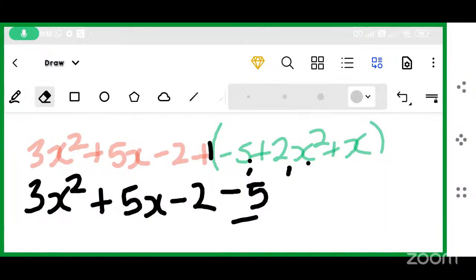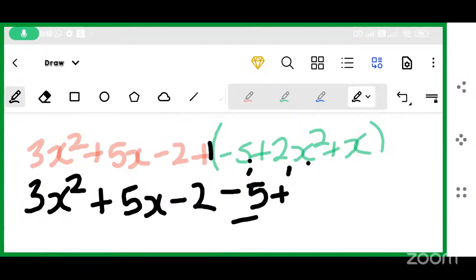And then we have, what is 1 multiplied by positive 2x squared? It's 2x squared. Perfect. Don't forget the sign.